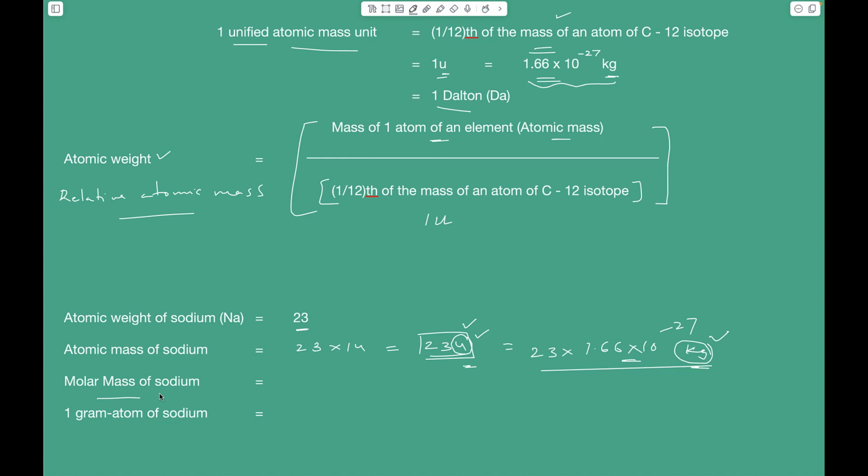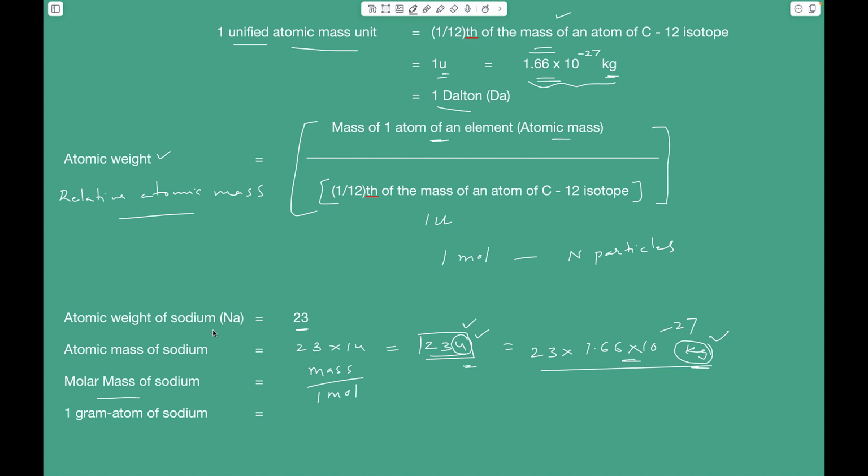See, molar mass of any substance by definition is the mass of the substance per 1 mole of that substance. And you know, 1 mole of any substance contains an Avogadro's number of particles. Now, what do we mean by particles in case of sodium? You know, sodium is a metal and all metals are monoatomic.